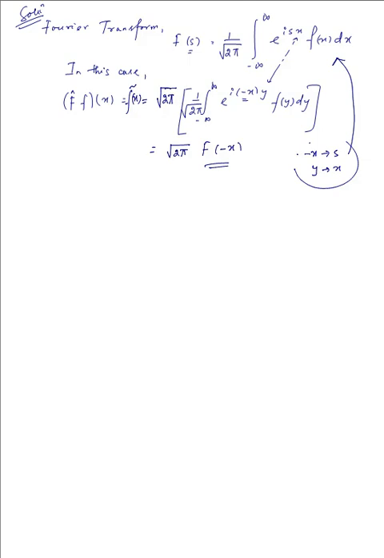Now if I were to operate this the second time, that is f operated the second time, this time it is operating on f tilde of x.